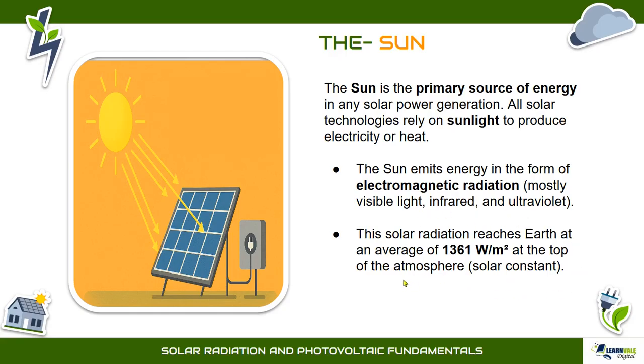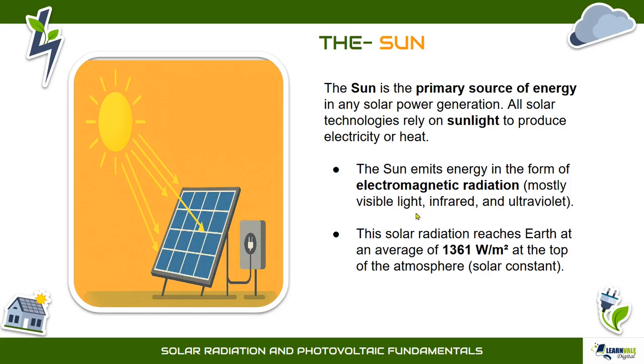When we do calculations on solar, for you to obtain the amount of solar energy you can produce with your panel, this is the number that you work with. This is a generally acceptable figure that you can work with when you have to do calculations, okay? But this is what is called the solar constant. So this is what you need to note about the sun in its role in producing solar energy to the earth.